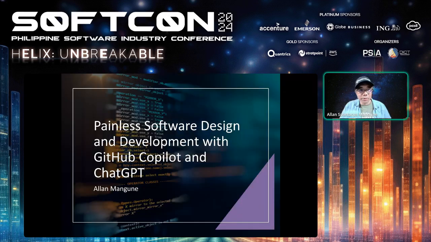Welcome to this workshop, to this session, Painless Software Design and Development with GitHub Copilot and ChatGPT. My name is Alan, and I'll be guiding you through how these AI-powered tools can transform your software development process.